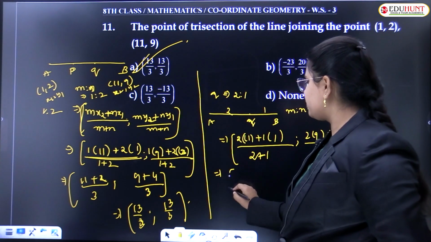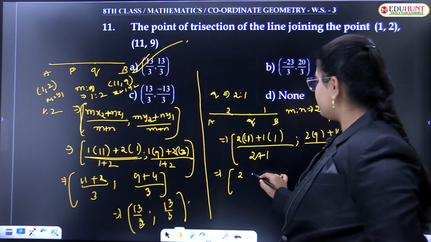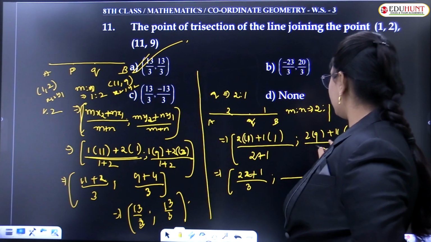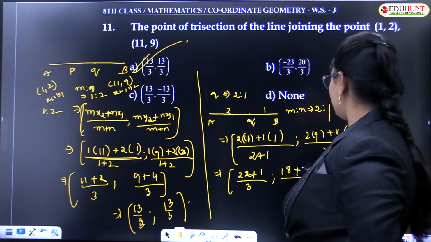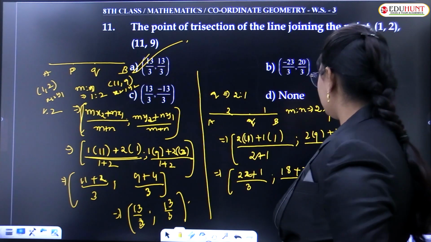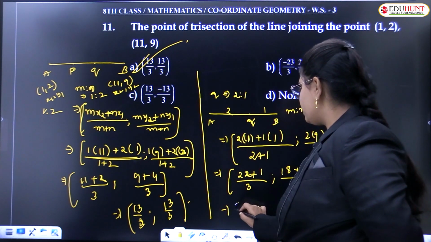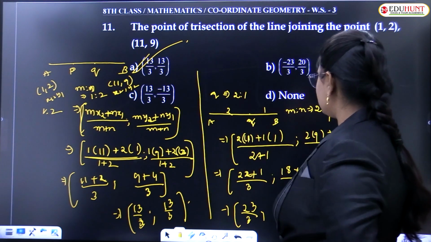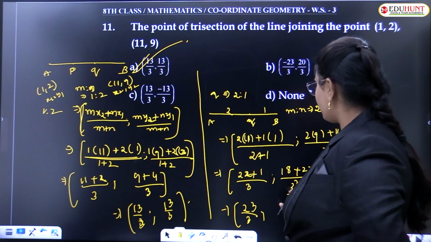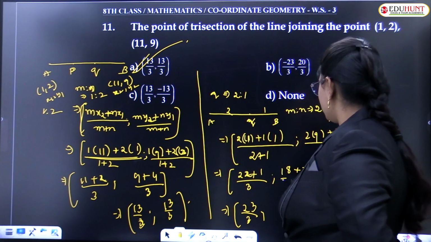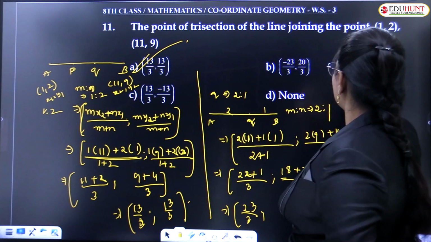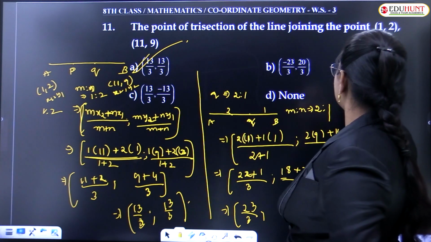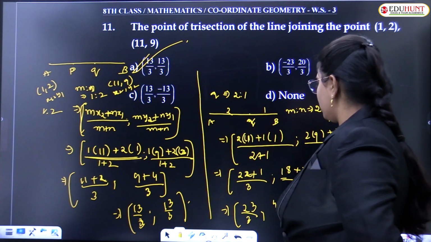So let's simplify this problem. 2 11's are 22 plus 1, divided by 2 plus 1, is again 3. This is 3 again. 18 plus 11 2's are 22, correct? 22 plus 1 is how much? 23 by 3, and this is how much? 18 upon 22, so what will I get? 22 plus 18 is 40, which is 40 upon 3.